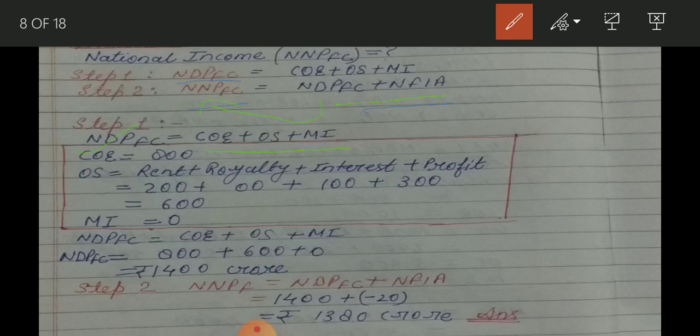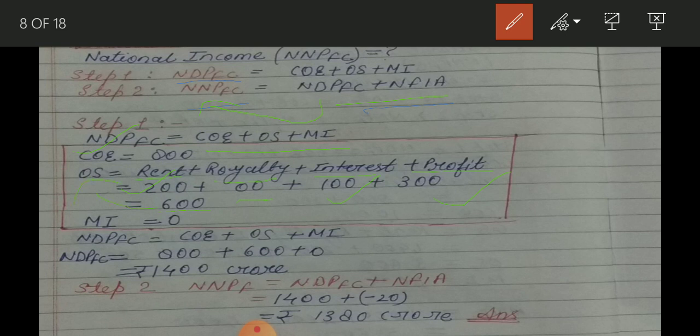Operating surplus is the sum total of rent, royalty, interest and profit. In the question, rent is equal to 200, royalty is not given so we consider 0, interest is 100 and profit is equal to 300. When we add these, we get 600. This is the value of operating surplus.